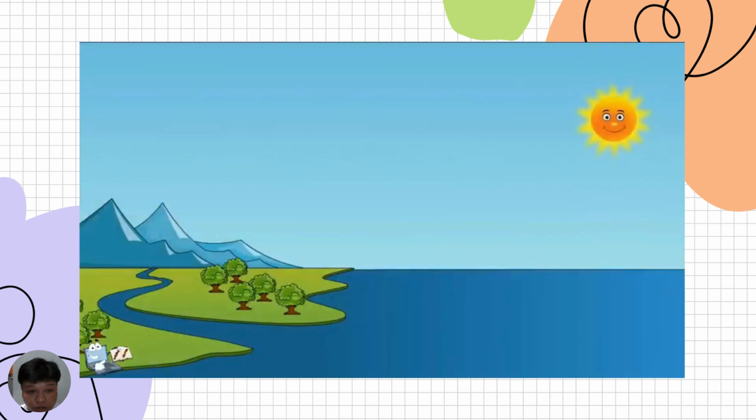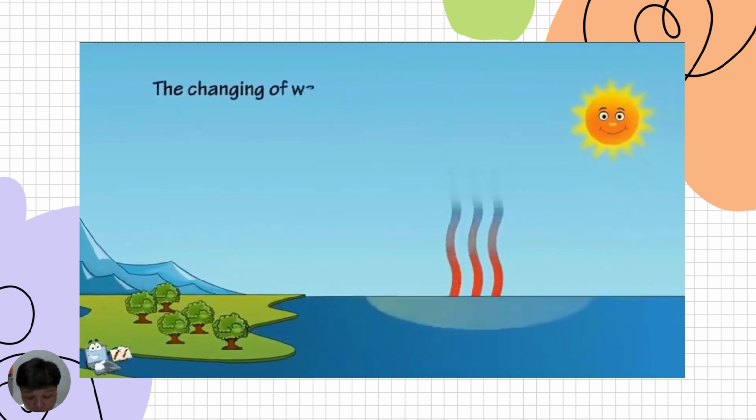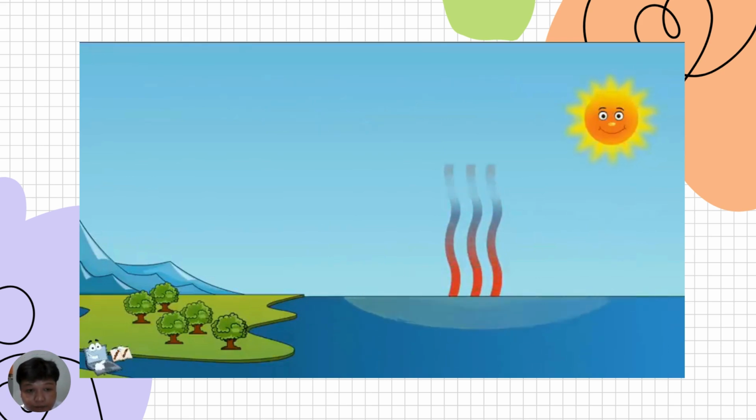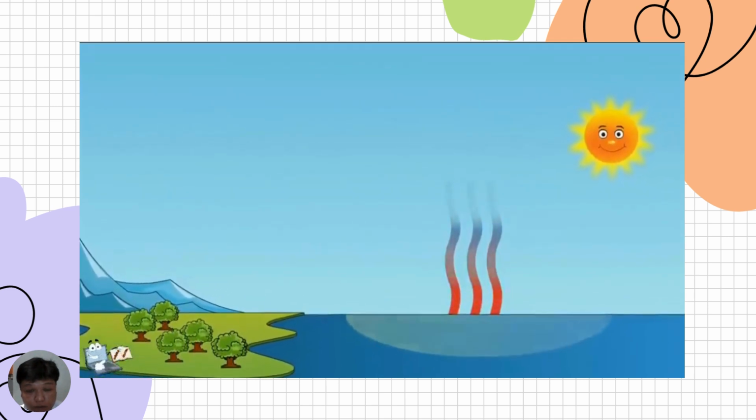When the sun shines, the heat of the sun warms the water, turning it into an invisible gas called water vapor. This process, the changing of water into a gas, is called evaporation. Because gas is lighter than liquids, water vapor rises up into the sky, and they further move up away from Earth's surface due to the temperature of gas.